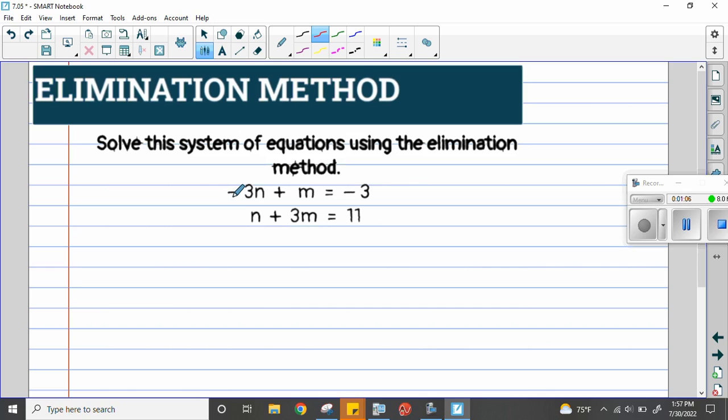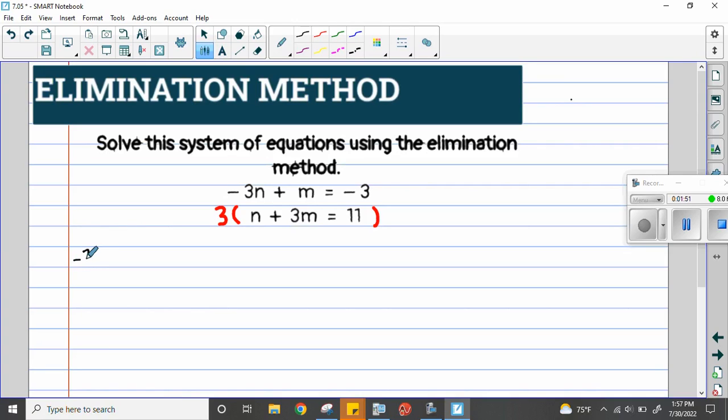It does not matter which equation you multiply by as long as you are creating inverses. I'm going to choose to multiply the bottom equation by positive 3 so that I can create a pair of inverses with the n variable. Let's rewrite our system.